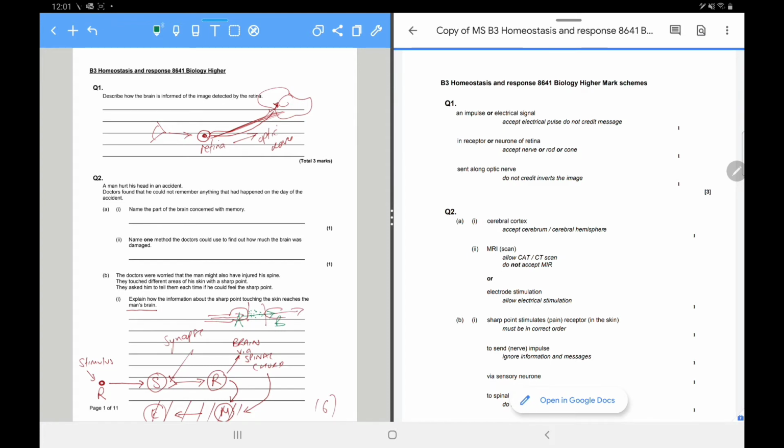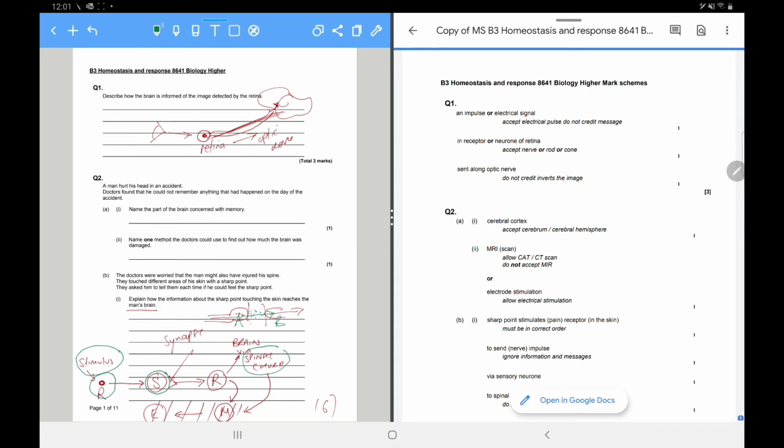So if we're talking about 'explain how the information about the sharp point touching the skin reaches the man's brain', and we're talking about 6 marks, we know that we're going to go into more detail because we're not able to mention the effector and the motor neuron, because that's after the brain. So with this in mind, I'm thinking about talking about the stimulus, which is the sharp object, on the receptor, which happens to be a pain receptor, which transduces the stimulus into an electrical signal, which is carried by the sensory neuron, which then synapses to a relay neuron in the spinal cord, which goes to the brain.